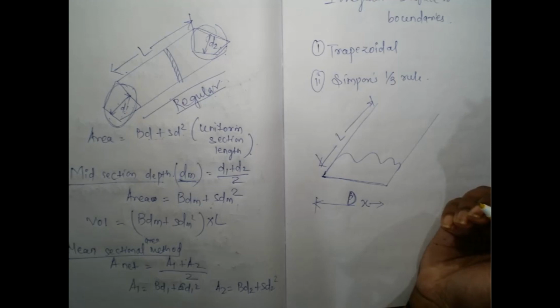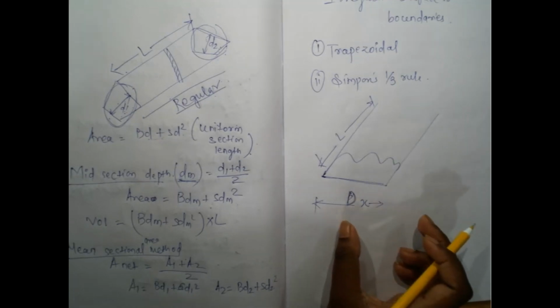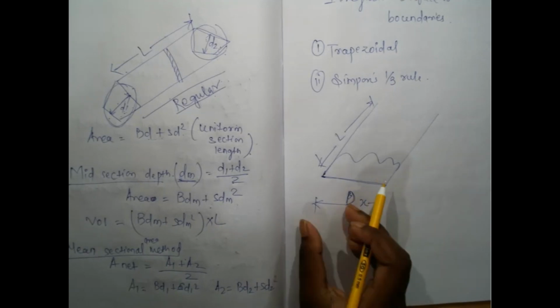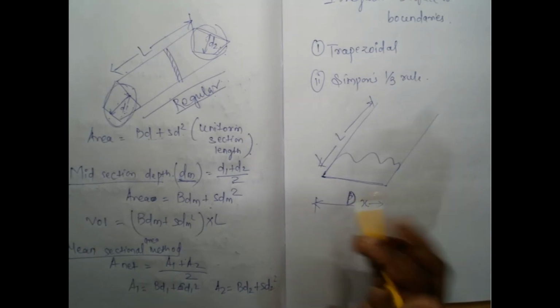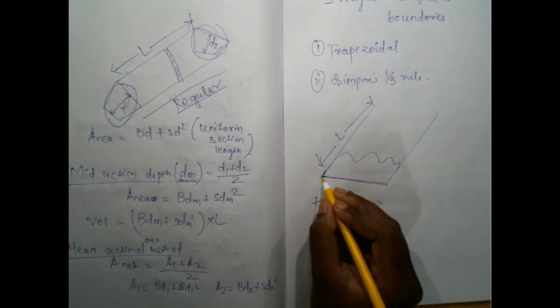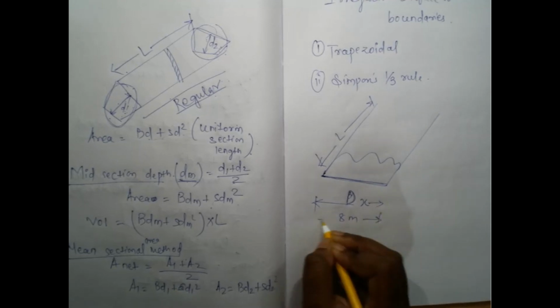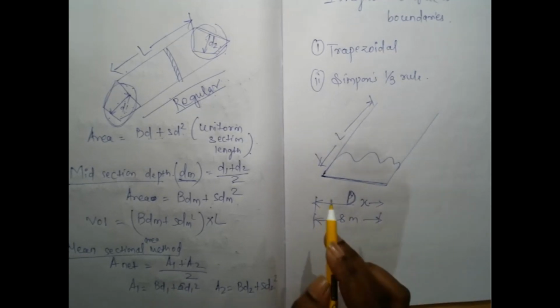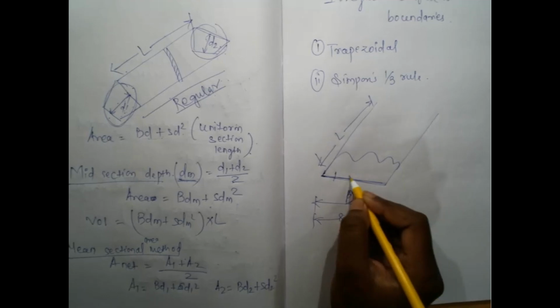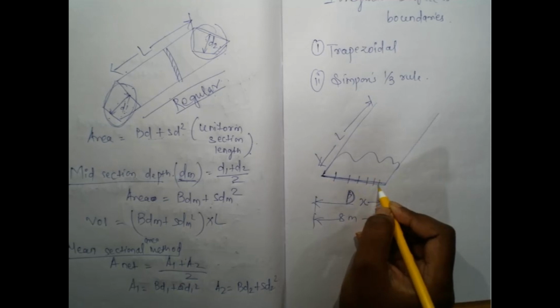Here we will assume that the road is divided into equal areas. Suppose the total breadth of the road is 8 meters and I am going to divide it into 8 equal parts. Imagine 1, 2, 3, 4, 5, 6, 7, 8.